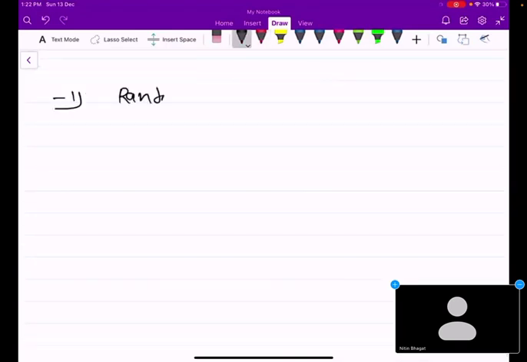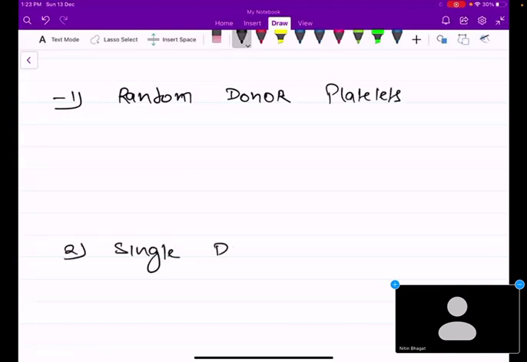Fine. Okay. Now, there are two types of platelets. First is random donor platelets. Second is single donor platelets. Fine.